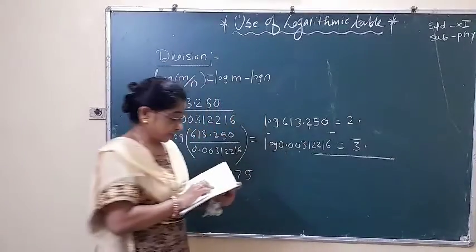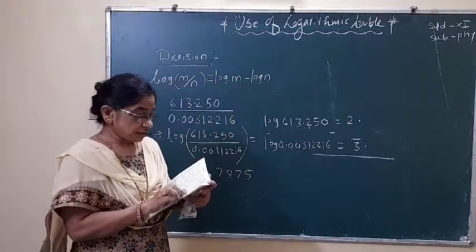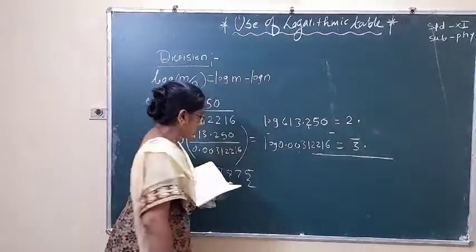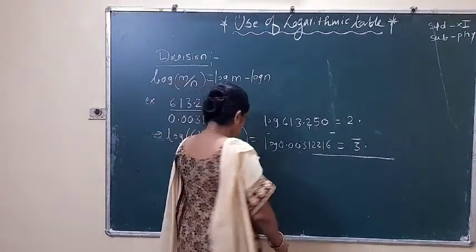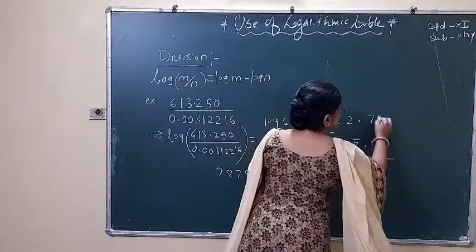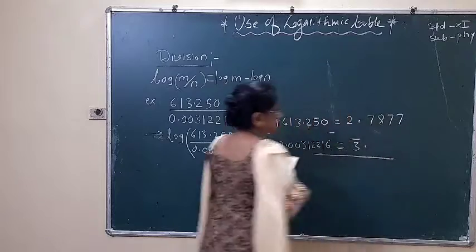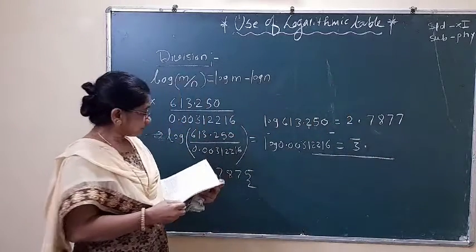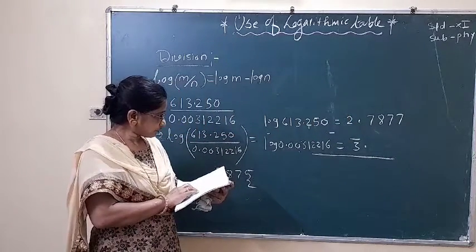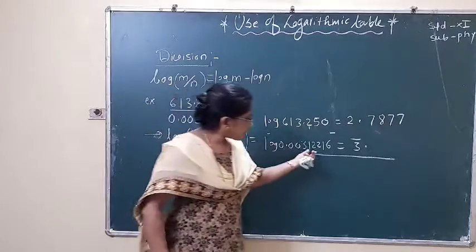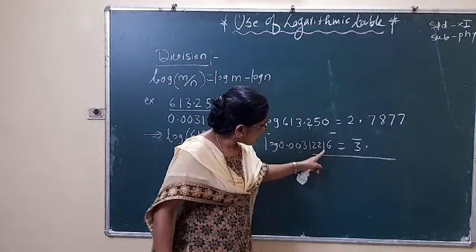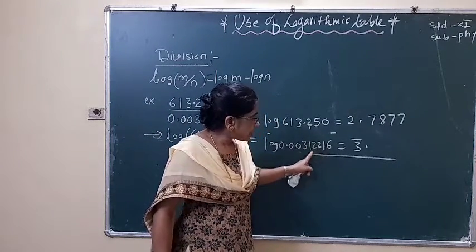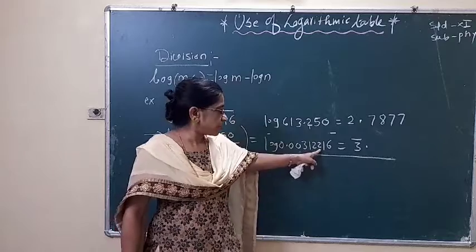By adding we get 7877. Then here the fifth digit is 1, so no need to add 1 to the fourth digit.